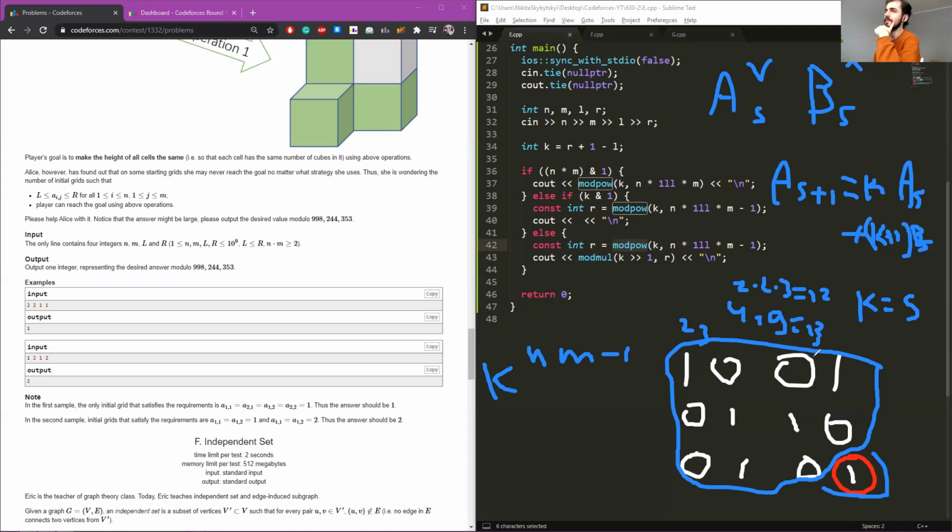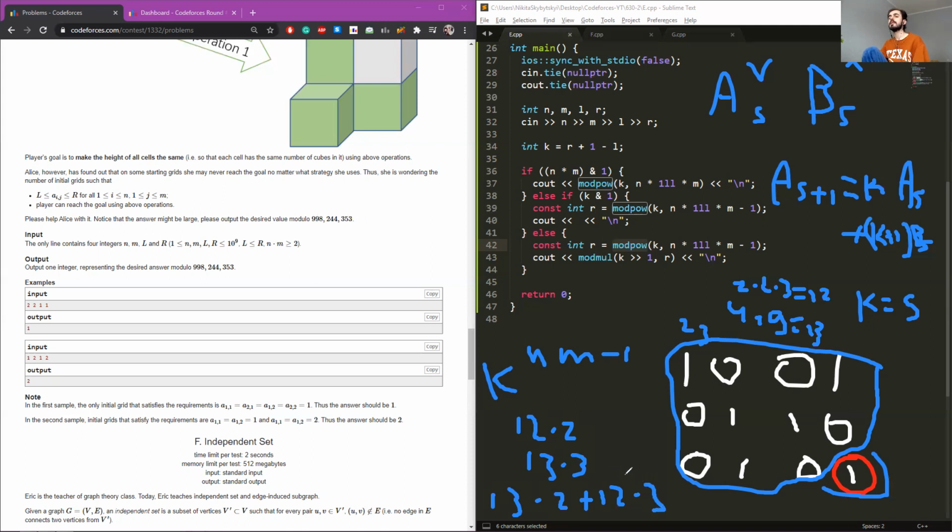But how many of them are 0 and how many are 1? The good ones will be 12 times 2, 13 times 3. And the bad ways will be 13 times 3, 13 times 2, plus 12 times 3.